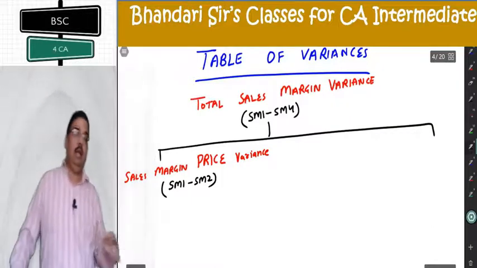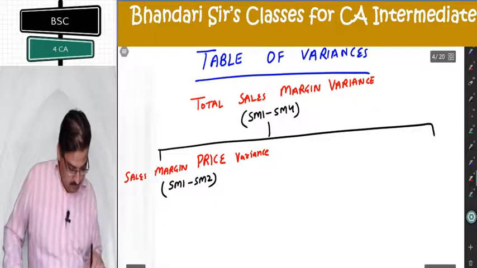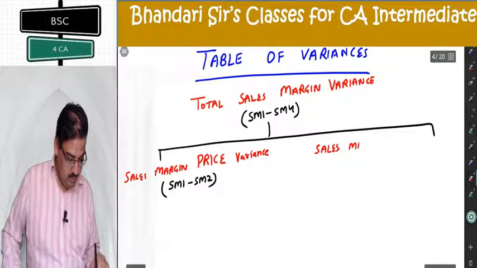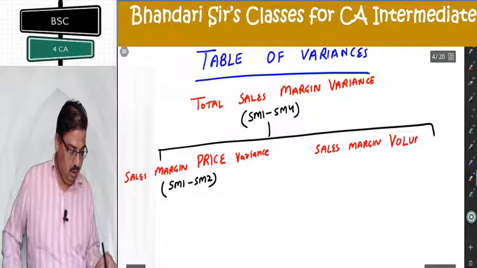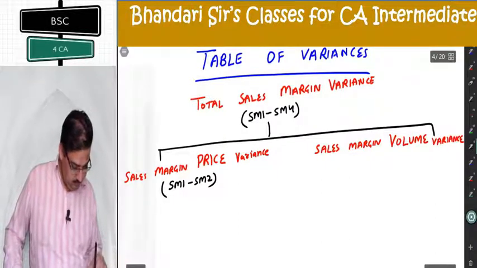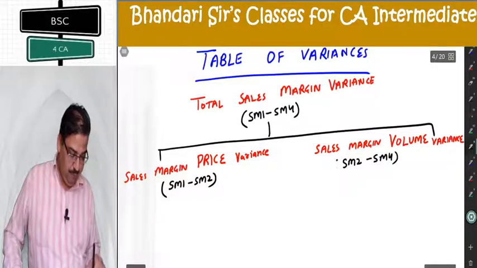Positive, favorable; negative, unfavorable or adverse. Right hand side, sales margin volume variance, SM2 minus SM4.